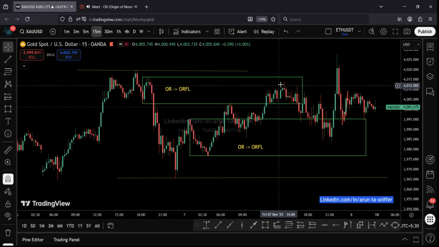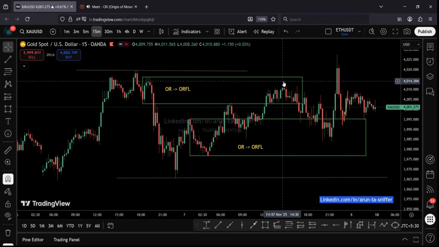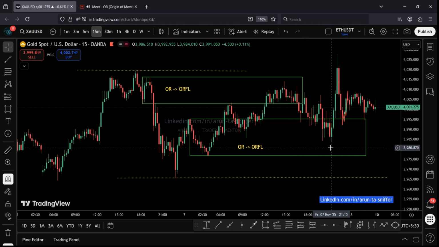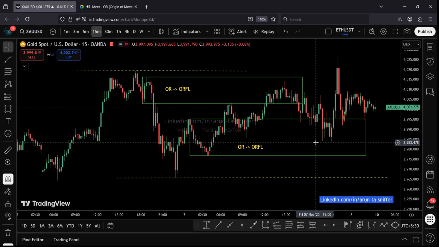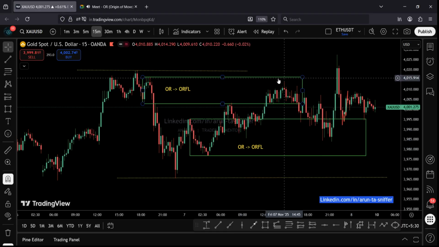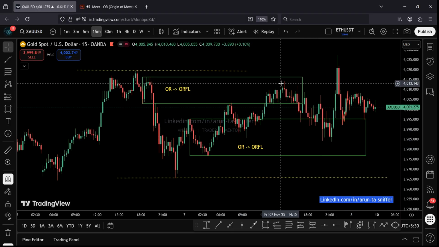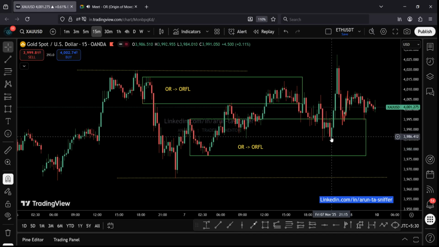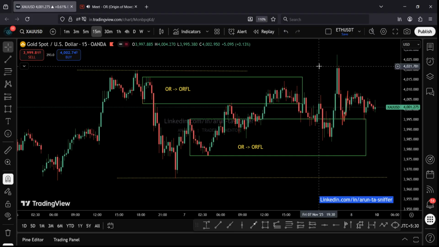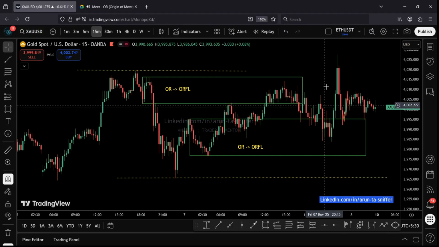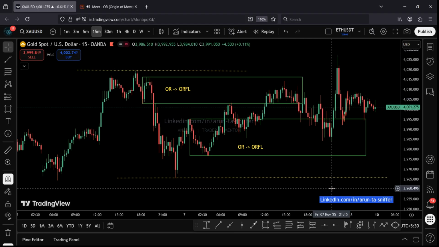Okay, so what happened here? Price goes up, hit this MPL of ORFL. Then what happened? Retrace to where? To ORFL. So this ORFL holds price and sends it to here, and this ORFL holds price and sends it back to here. And why does price go in this direction, not this direction?